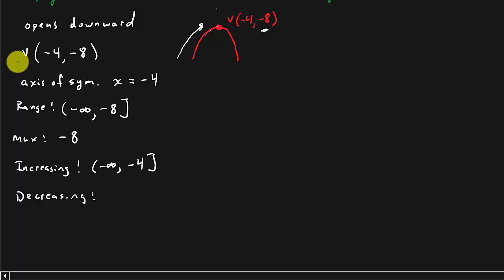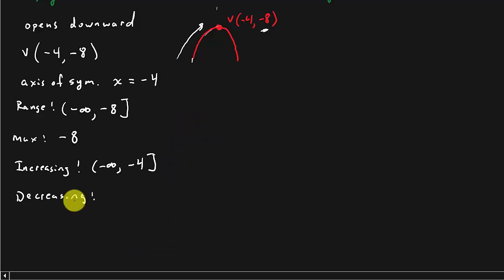If I'm way out here at negative infinity, as I'm moving to the right, this graph is increasing. This graph continues on down like this forever, and yes, it's going down forever, but it's also going to the left forever. So it starts increasing at negative infinity, and it's increasing, increasing, increasing. And then right here at this point, it stops increasing where x is -4.